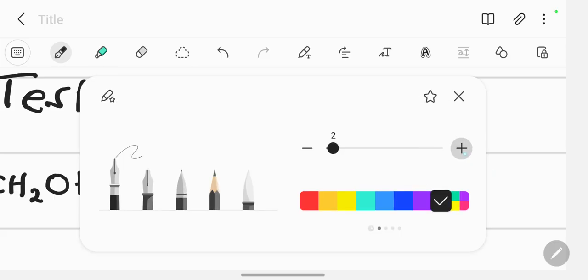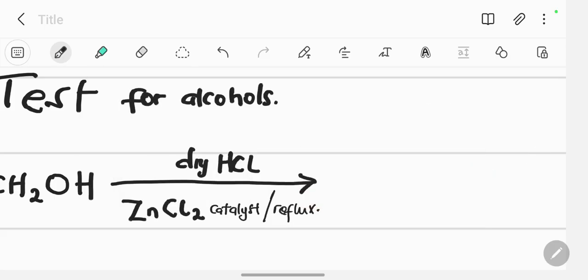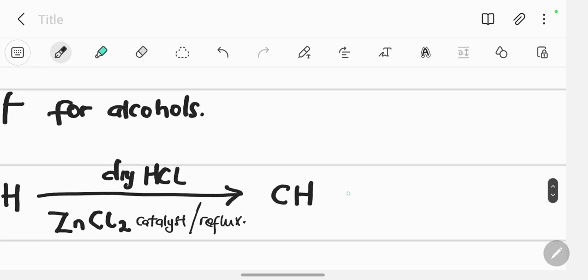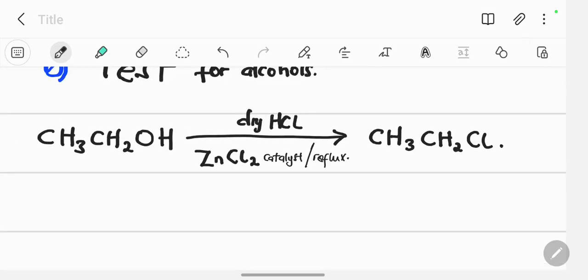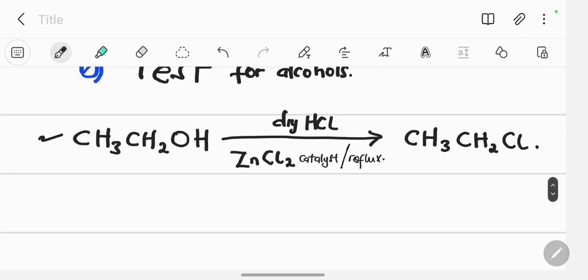I'm going to end up with CH3CH2 and chlorine there. This one was primary alcohol.